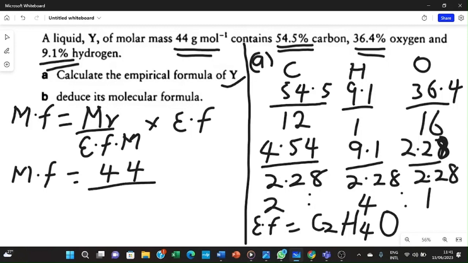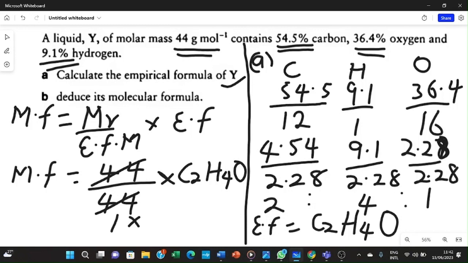So let's calculate the empirical formula mass. Carbon is 12, so 2 times 12 is 24, plus hydrogen 4 times 1 is 4, then plus 16. So the empirical formula mass is 44. 44 over 44 cancels out, you have 1.